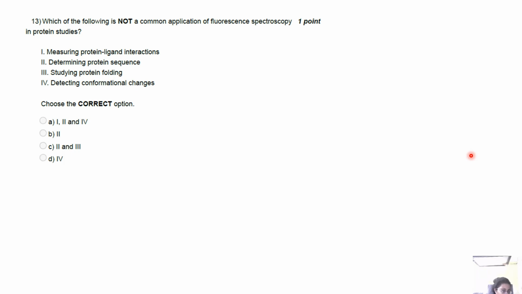Number 2, determining protein sequence. Number 3, studying protein folding. Number 4, detecting conformational changes. Choose the correct option. Option A, 1, 2 and 4. Option B, 2. Option C, 2 and 3. Option D, 4. I will wait for a few minutes. You can come up with the answer and the explanation. If not, then I will discuss and then we'll move on to the next question.